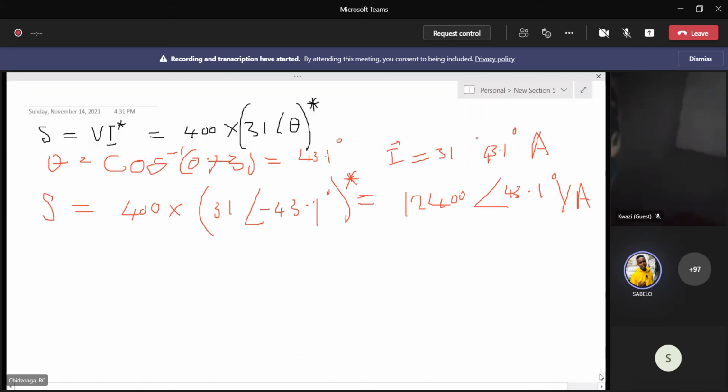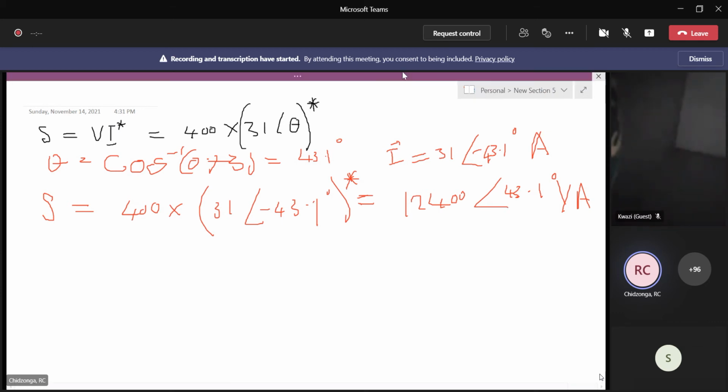If I may ask, that conjugate sign, it changes in a rectangular form too? Yes, it will be positive. Oh yeah, okay.